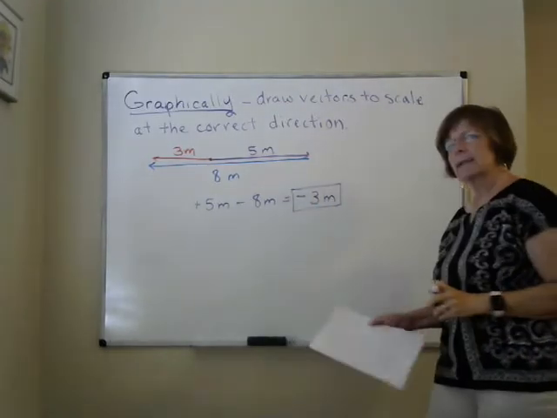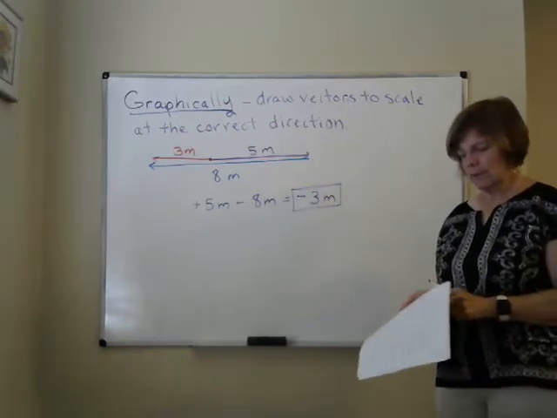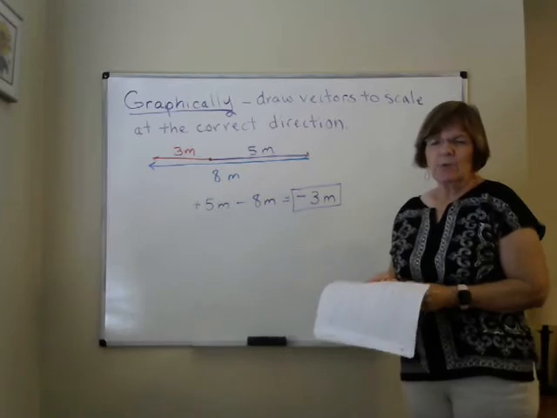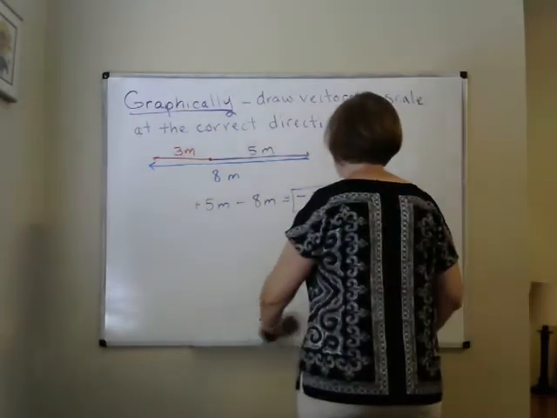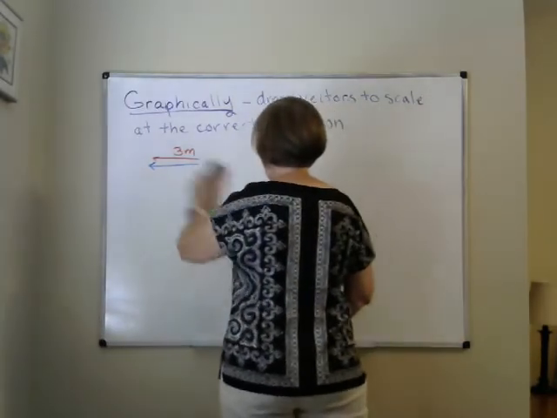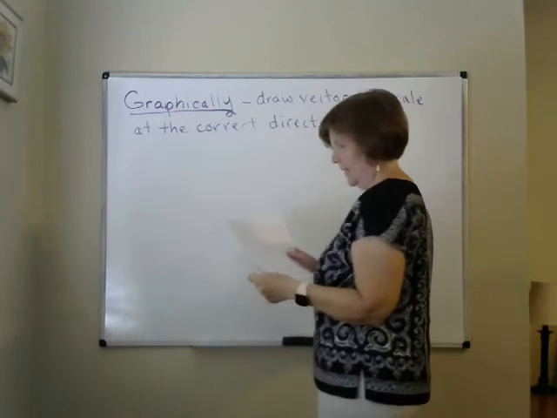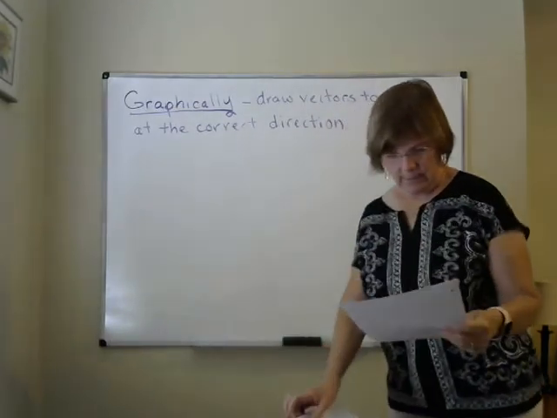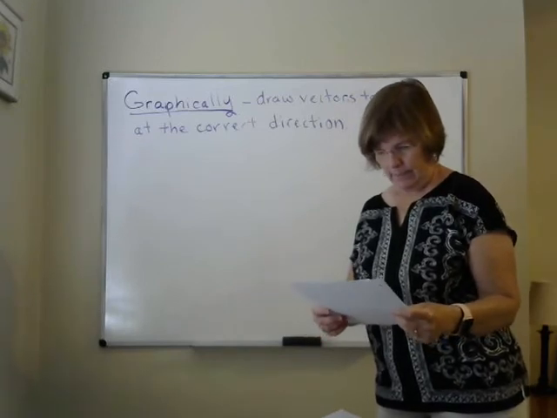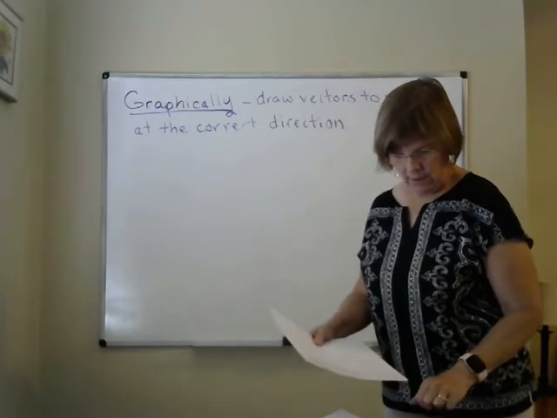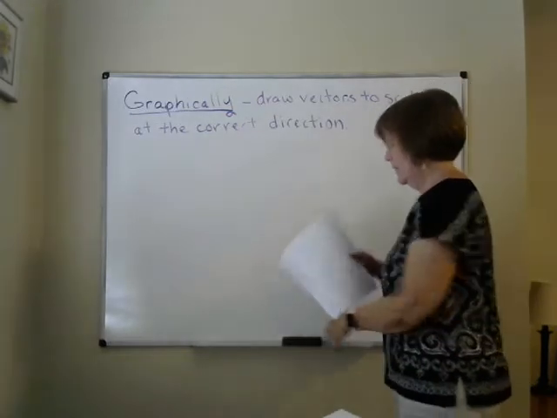We all agree that we consider right to be positive and left to be negative, just like we consider up to be positive and down to be negative. So when they're a straight line, vectors are not going to be a problem. We can also do it fairly easily when they're perpendicular to one another.